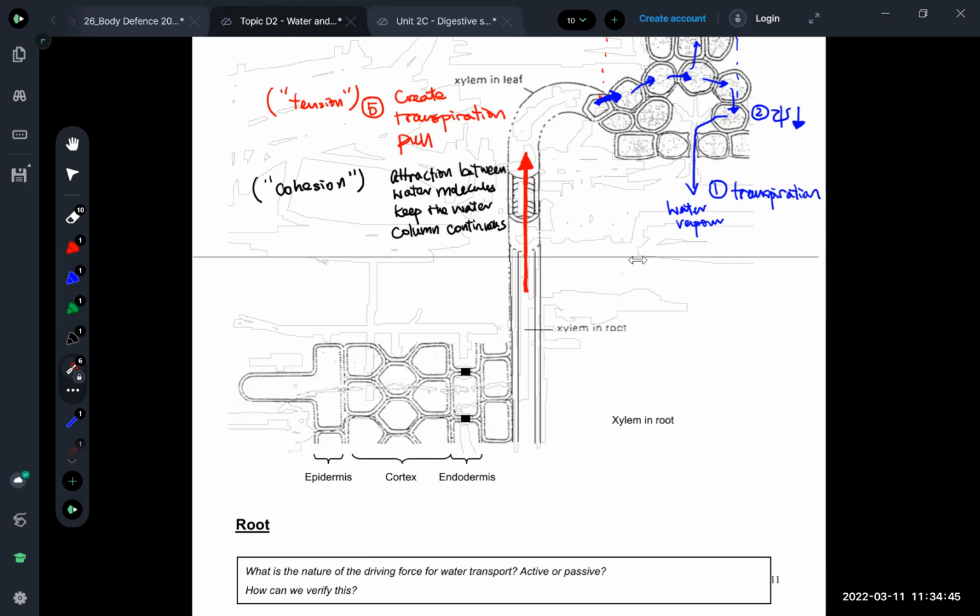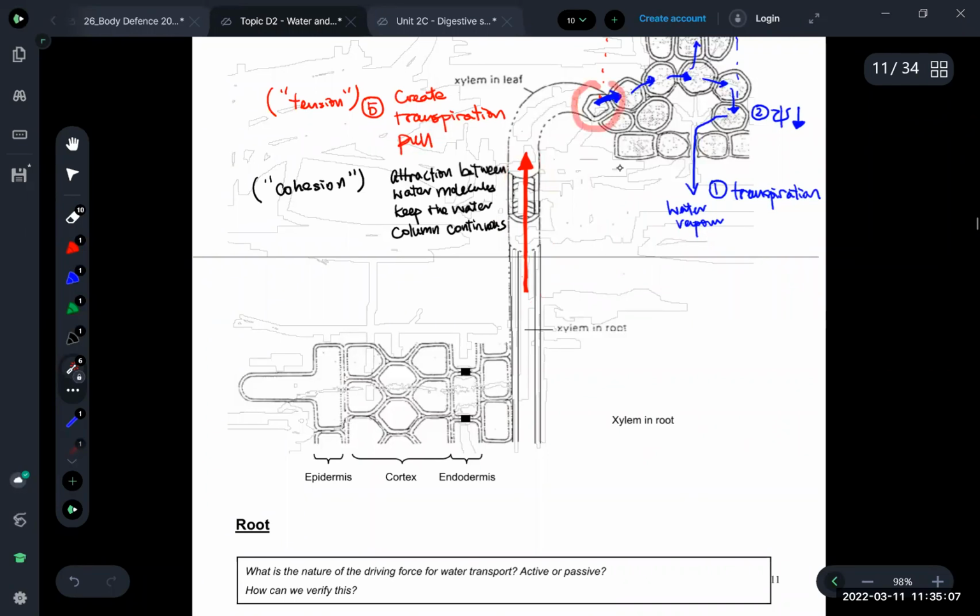Water, Evelyn, it should be water potential, 係嘛? Gradient. Right, so the idea is that this is not due to water potential gradient. And also there is no membrane in between. So that's why this is not osmosis, but instead, this is a physical force.